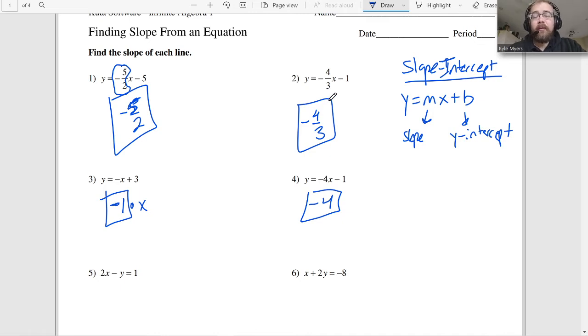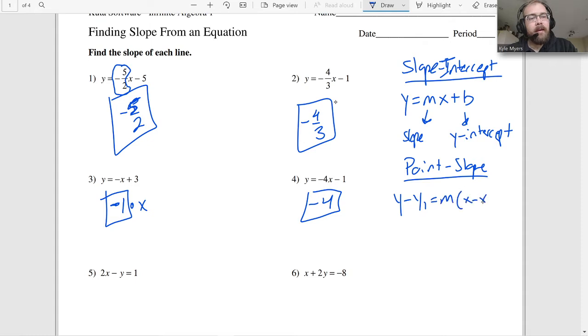Now, there are other forms of lines where you're given the slope. So later on, we might come across one that's in point-slope form. And that's y minus y1 equals m times (x minus x1).